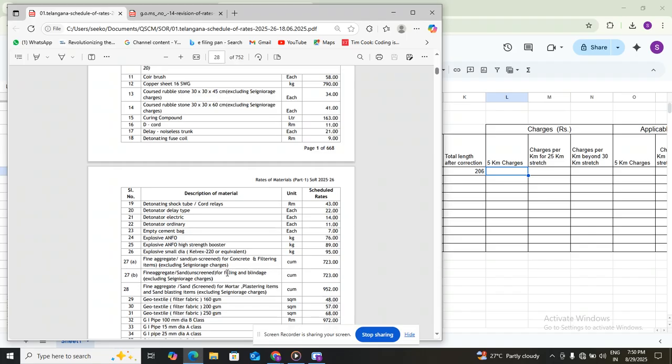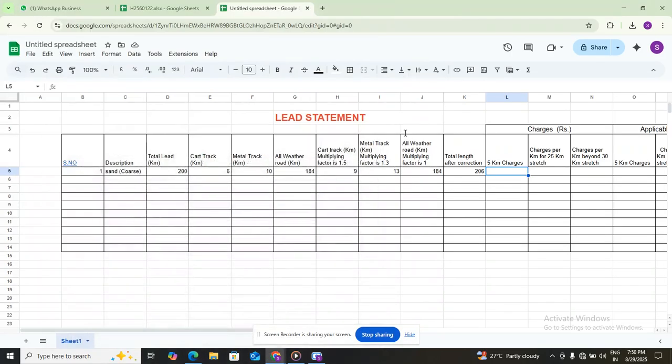Okay, what is CNRS, we will discuss later. Unscreened is nothing but coarse. Okay, the cost is 723 rupees, the higher schedule rate in the SOR in Telangana. We need to take 720. Why wait guys? We are not taking materials, we are doing transport. Sorry.